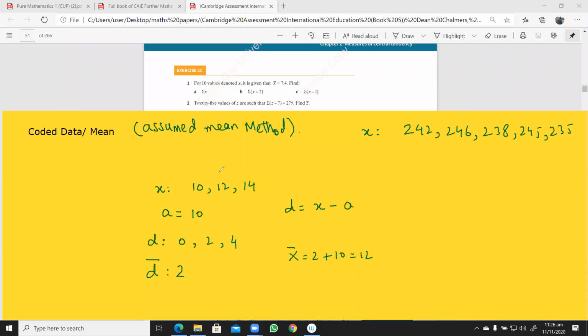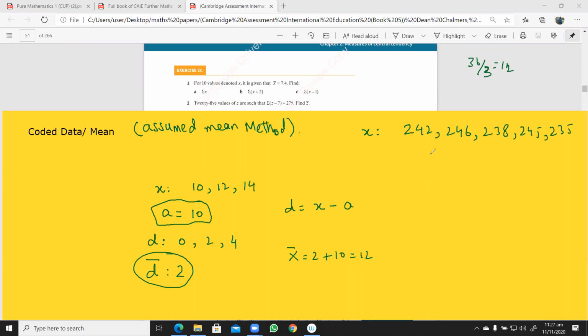If you add all of them, you get 36, and 36 divided by 3, you get 12. Isn't it cool that you take out 10 from all these values, just to make lighter numbers, and you find the mean of these new numbers, and then you add this 10 back into this new mean? You get the original mean, which is going to be 12.